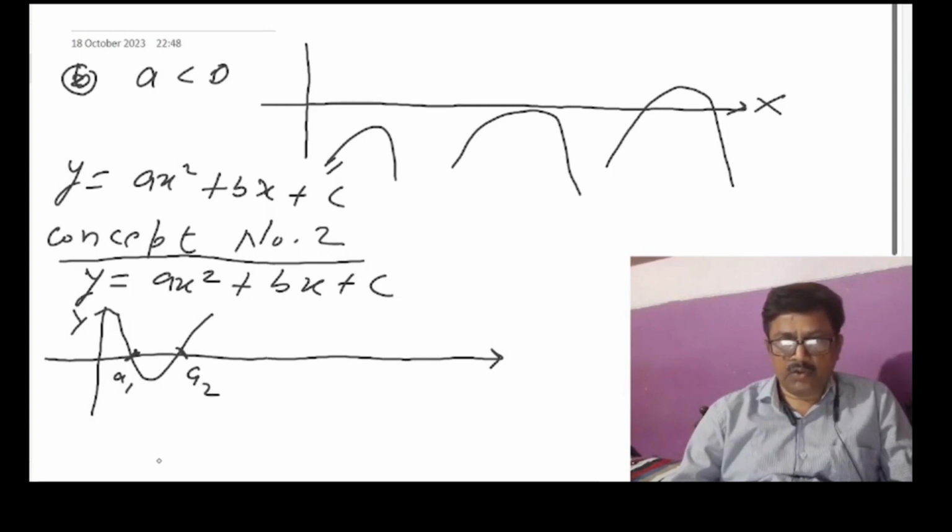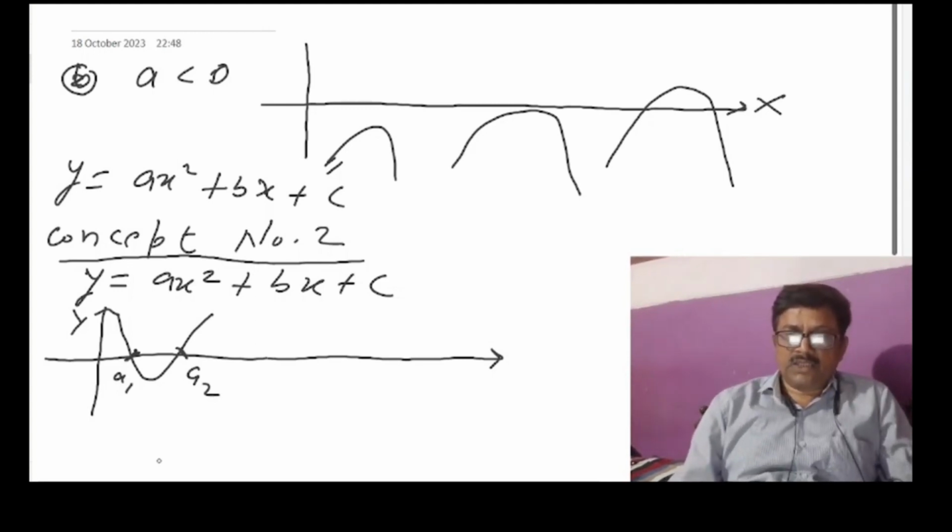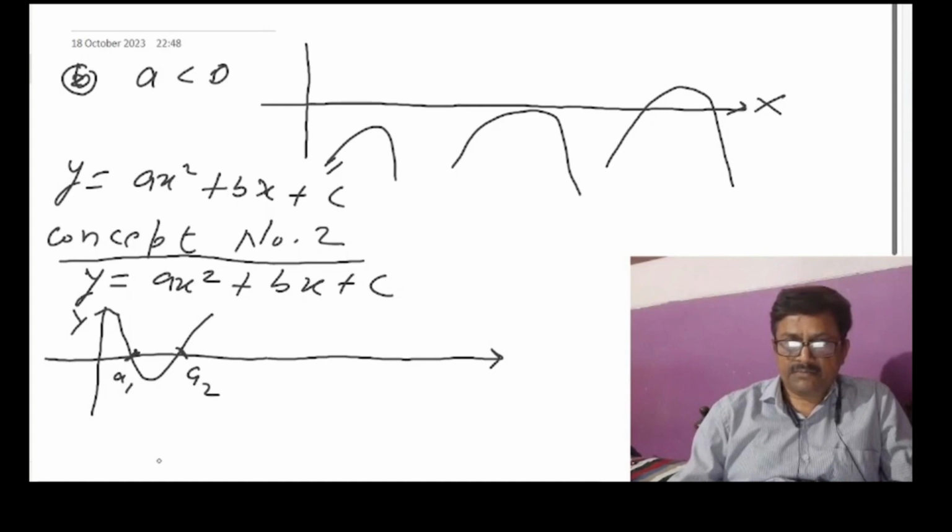The expression becomes 0. The equation becomes 0. This is the definition of roots of any equation. If for any value of x the equation is 0, then that point is a root. So a1, a2 are 2 roots of this quadratic expression. So this is the meaning.